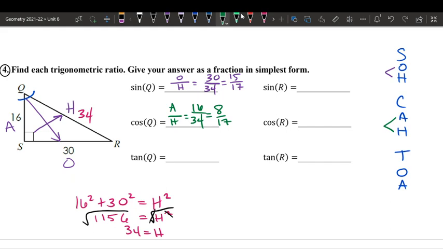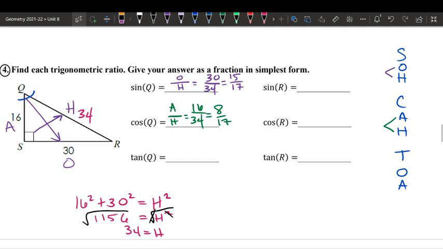All right, the next one is the tangent of angle Q. I'm still on the same angle, so the way that I have the triangle set up is fine. I don't have to redo this as long as I'm using angle Q. These are all angle Q, the first column.